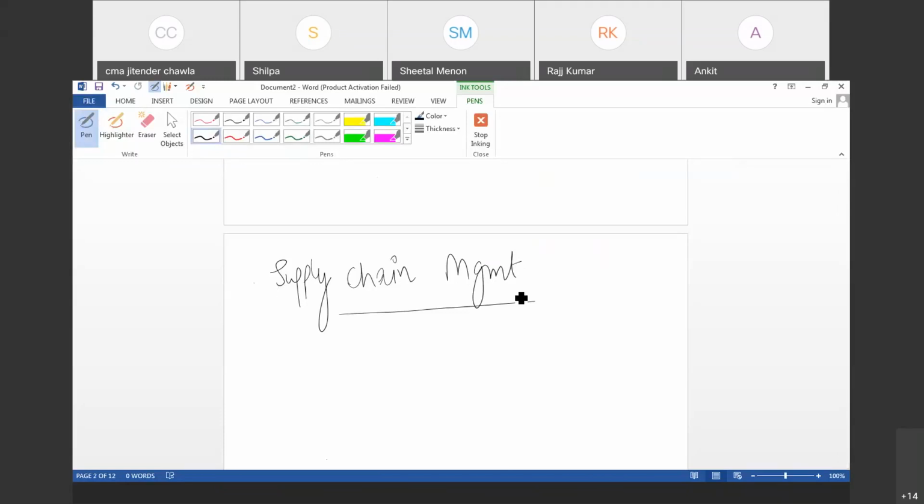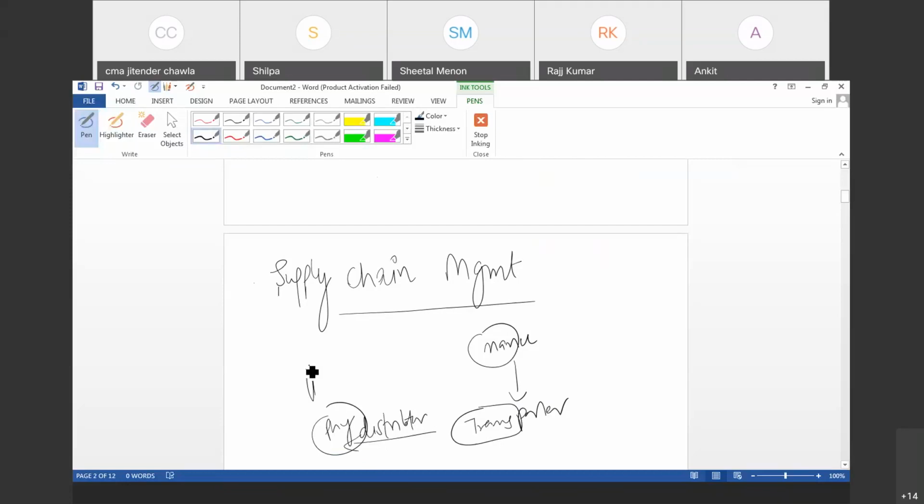What do you mean by supply chain management? Like, there is a manufacturer, transporter, right? Physical distribution, and last one is consumer.